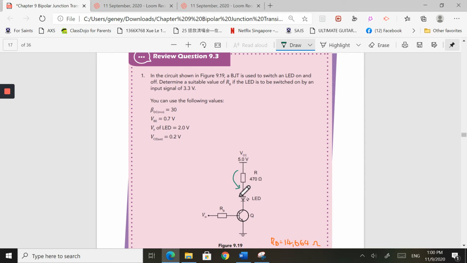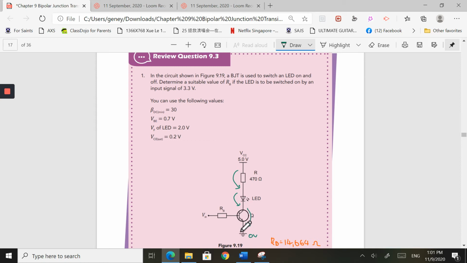When it crosses the LED, some voltage is going to drop here as well. And remember, in video 2, I told you there is a voltage drop across the collector and the emitter. So there's going to be another voltage drop here until it reaches 0 volts. So I'm going to analyze this branch first.